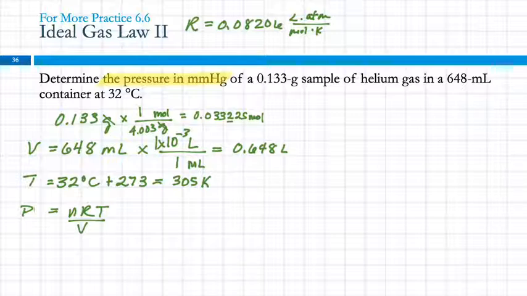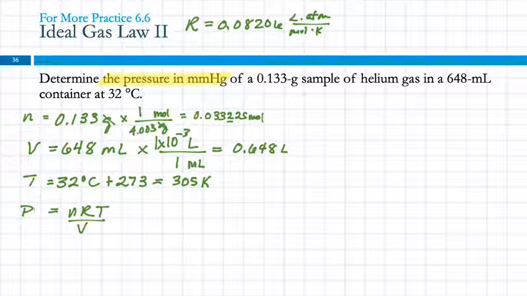So I took the mass and I converted to moles. Because mass and moles are amount of substance, quantity of matter. One is by mass, or a weight, and the other is number of particles, and it's the number of particles that we need for gas laws.